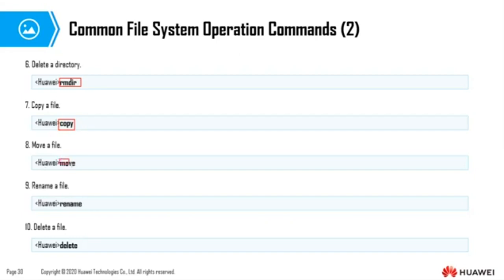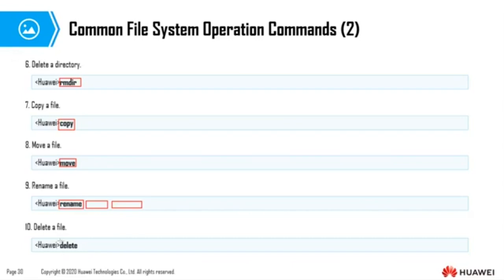Move is used to move a file. So you say move, then the location where you want to move the file. Rename is used to rename a file. So rename, then you enter the old name, then the new name. For example, rename backup to backup 2020, something like that.